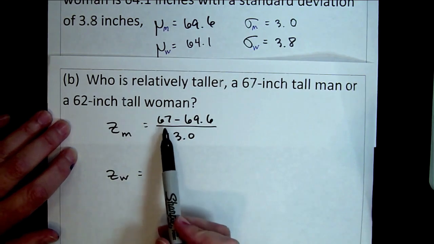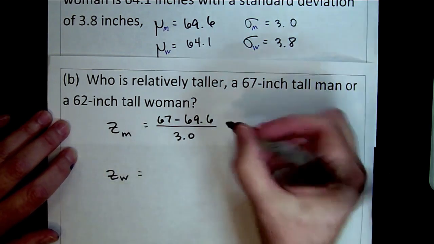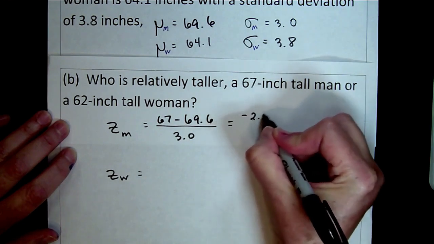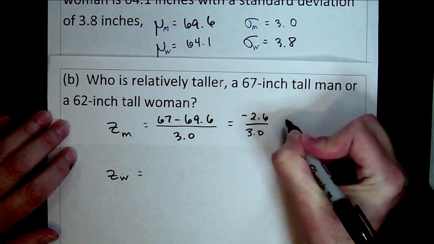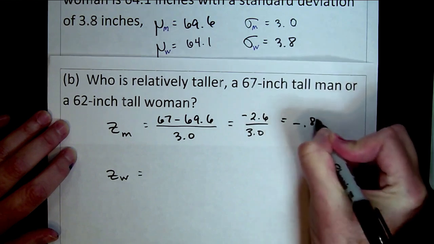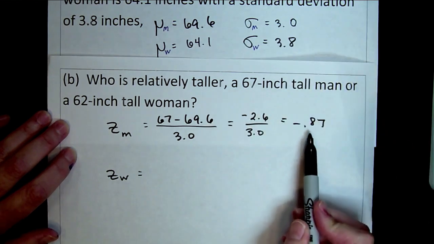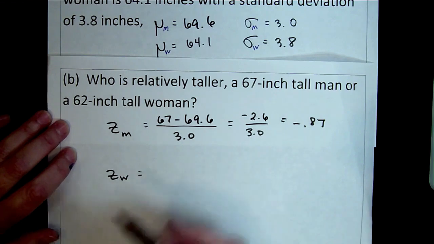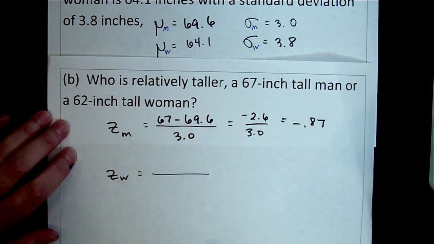Now he's below average height. How much below? This is negative 2.6 divided by 3.0, and we get negative 0.87. So he's 0.87 standard deviations below average height for men in their 20s.